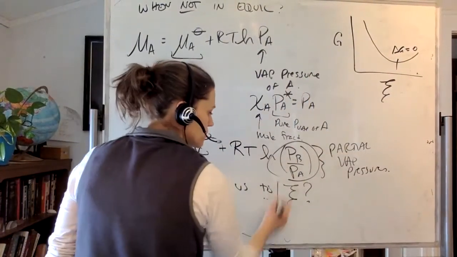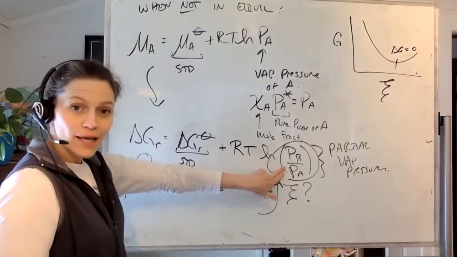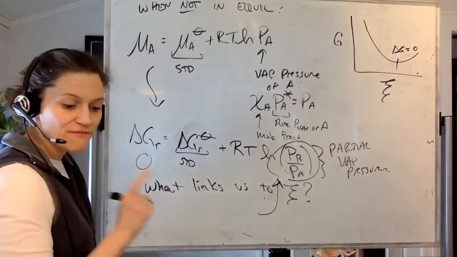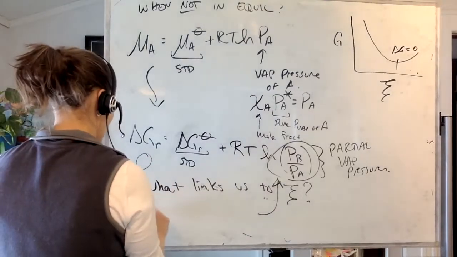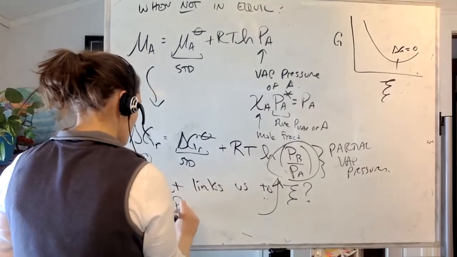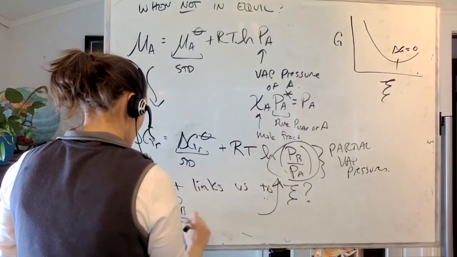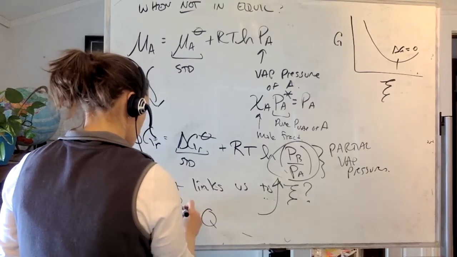My point is, look at the ratio. So let's define a new idea: this ratio, PB over PA, is equal to Q, because why not?